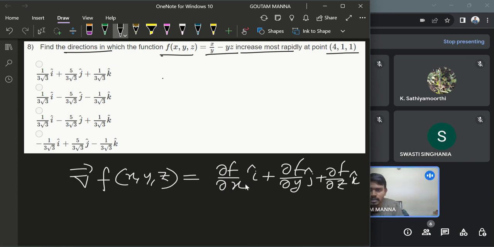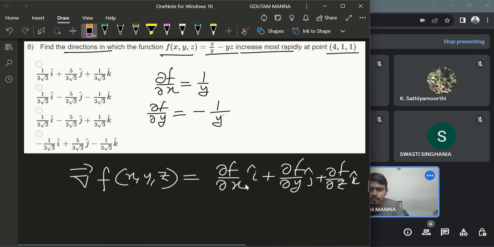So now del f del x is 1 by y, del f del y is minus x by y square minus z, and del f del z is minus y. Okay.